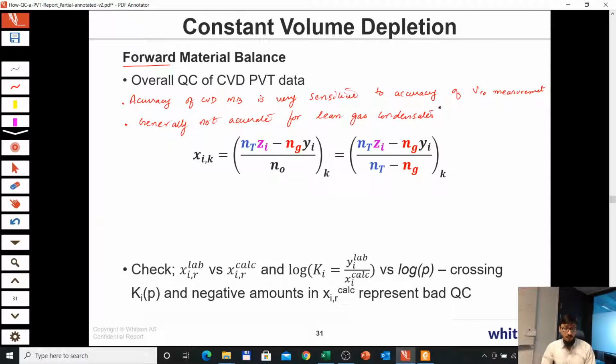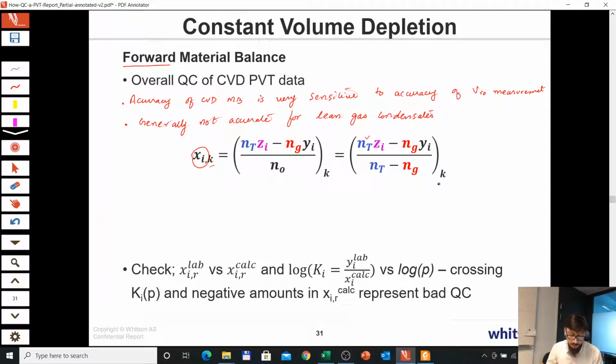Okay, so in this QC, what we will be doing, we'll be calculating, as I mentioned, the oil composition, the mole fraction of the oil phase for each component at each pressure, which is represented by K here. And for that, we will need these numbers here. We will need to know what is the total moles that are present in the PVT cell at a given pressure, the total composition present in the PVT cell, the moles of gas present in the PVT cell at a given pressure.